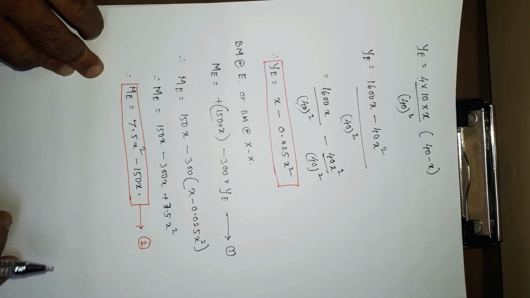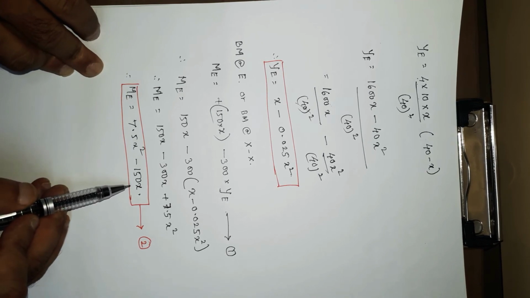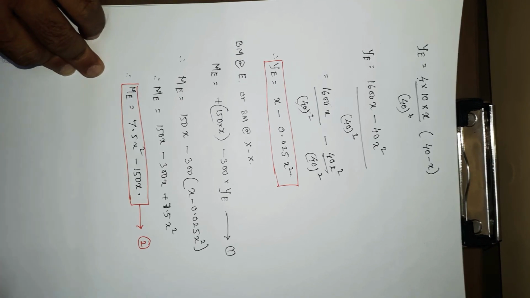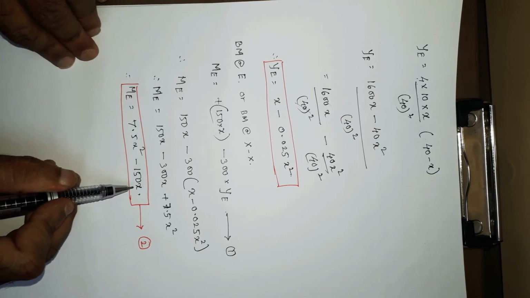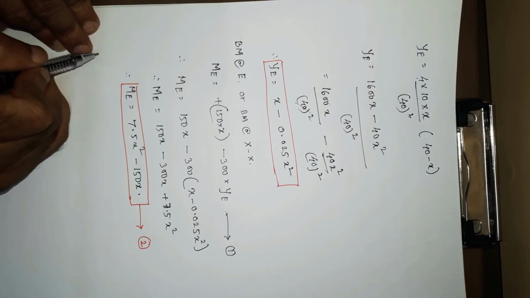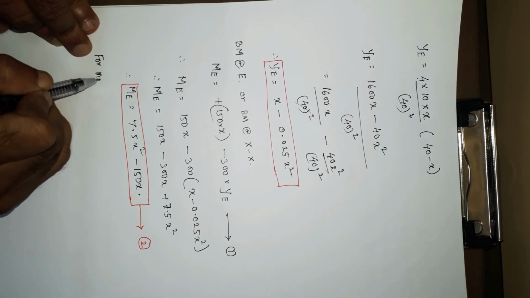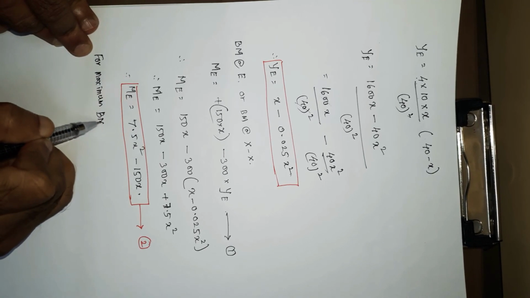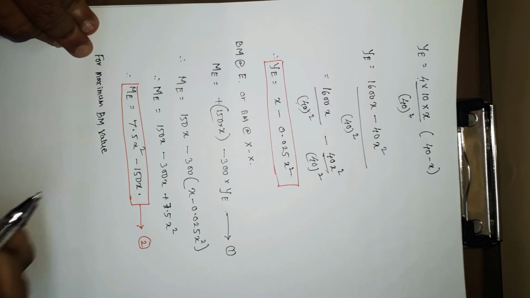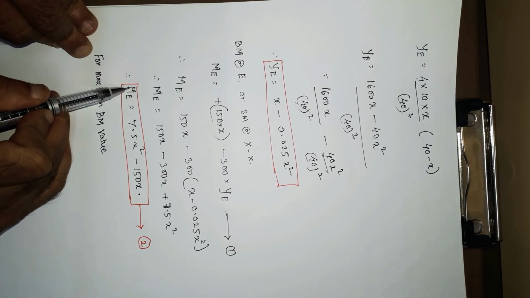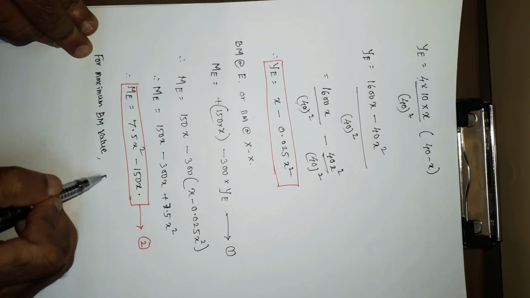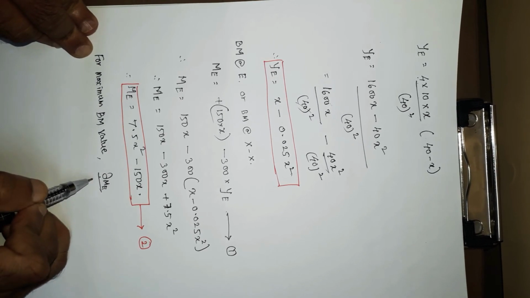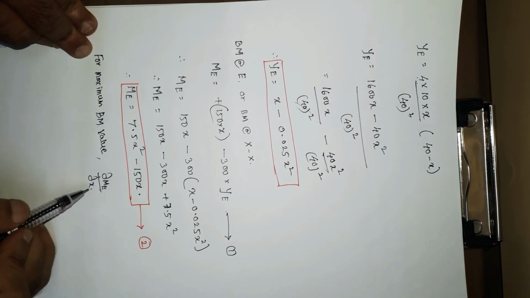Here we don't know x. First we'll find x, then substitute the value of x here to get the bending moment at E. Now, how do we find x? For the maximum bending moment value, dou ME by dou X should be equal to 0.